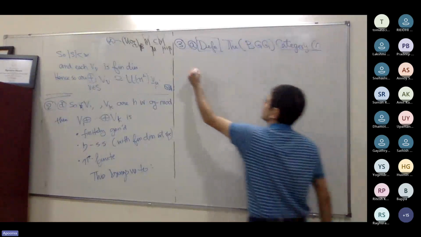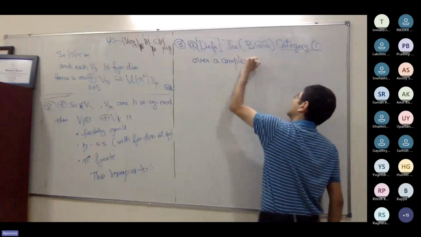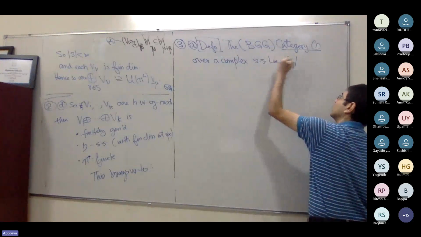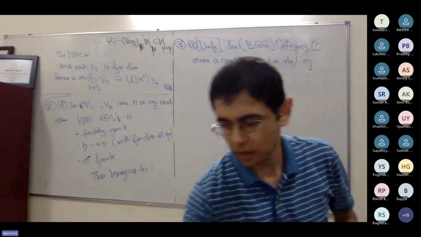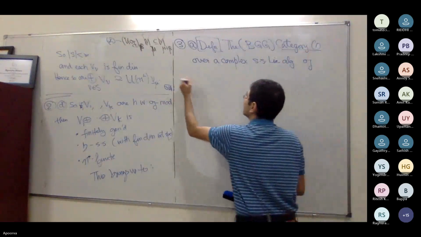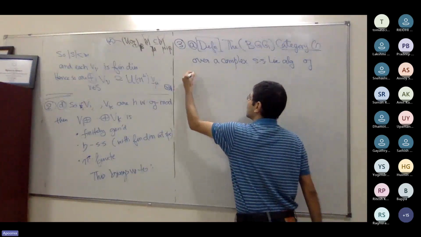Category O over a complex semi-simple Lie algebra g.